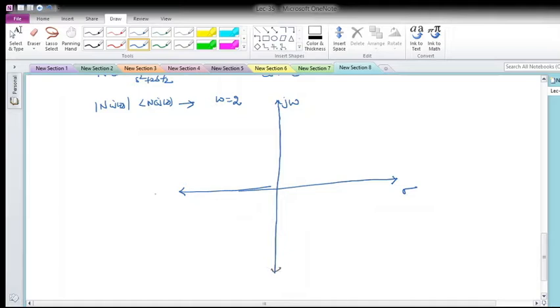This is minus sigma and minus j omega. And what are the zeros? The zero is at 0. And what are the poles? Poles at minus 1 plus or minus j. So here is one pole and here is the other pole. This is 1j and this is minus 1.